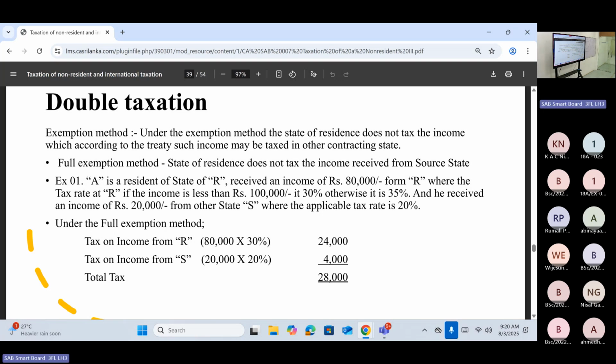So the difference is how much? 11,000. If there is no double tax avoidance agreement, he has to pay an additional 11,000.